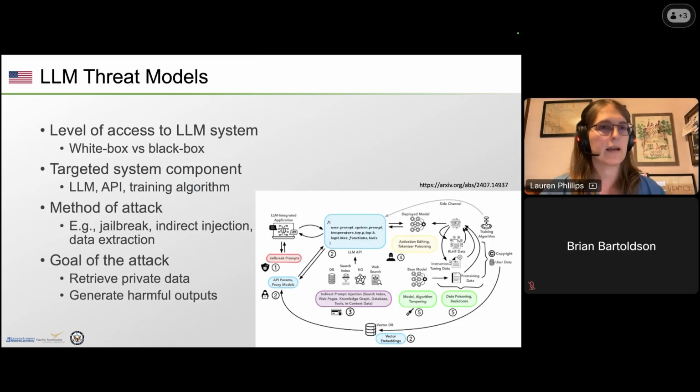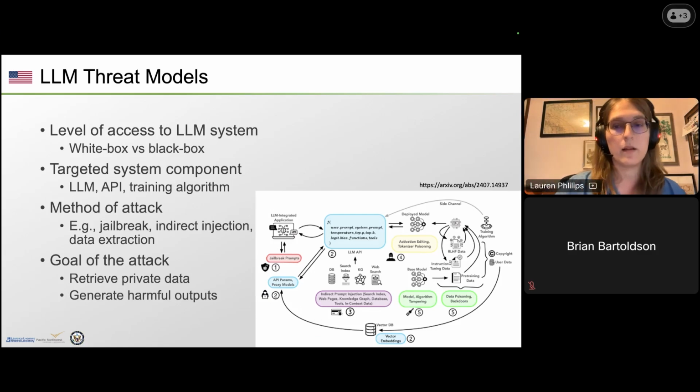And the goal of the attack also needs to be considered, whether it is to generate harmful outputs, like we've been talking about in terms of biochemical risk, but also retrieving private data is another risk, including things like PII and other sensitive data.